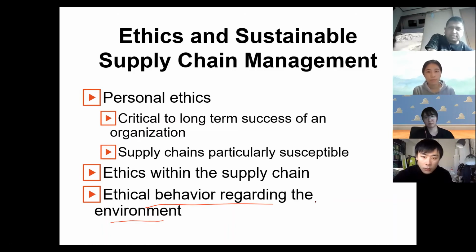Buyers frequently visit the factory to check the quality, environment also. Environmental, quality of production and everything. Environment also, there is ethical issue. They always advise, like H&M is a buyer of an apparel industry.